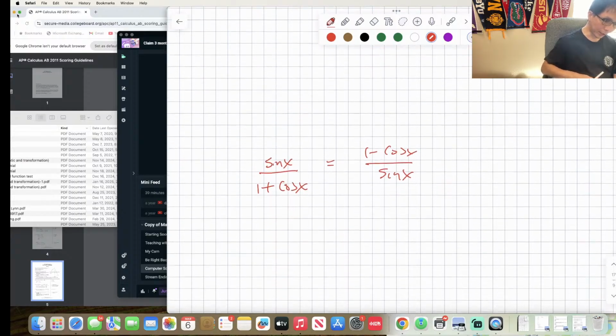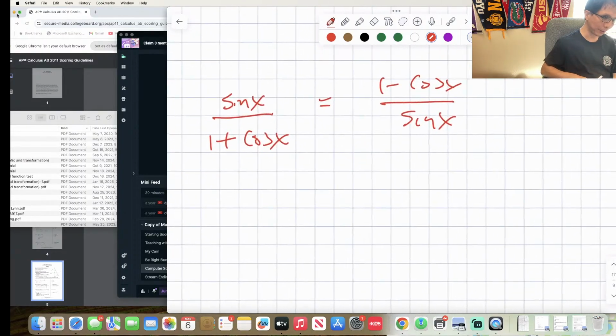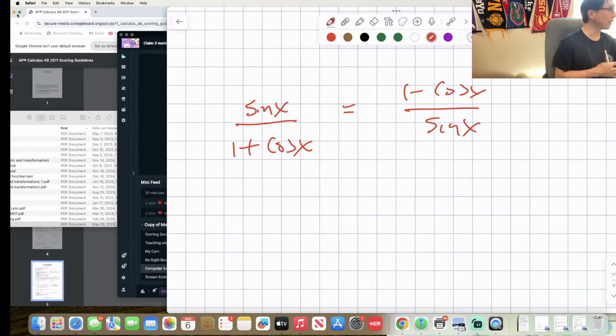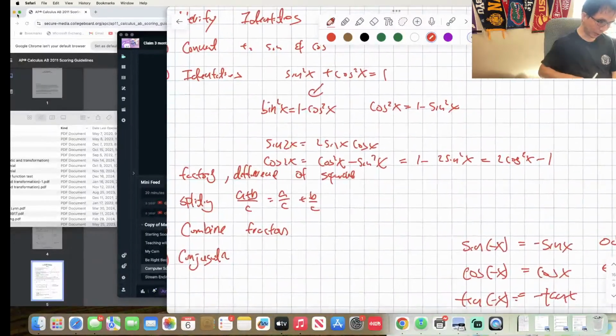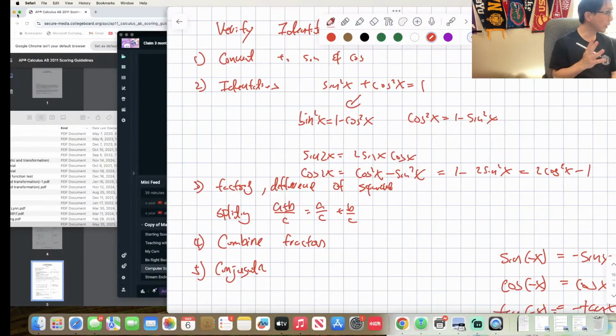All right, let's talk about the second question rather than the first one. The second question is a little bit more tricky because I have mentioned all those skills. Which one didn't I use? What's the only skill I did not use for all the previous questions?